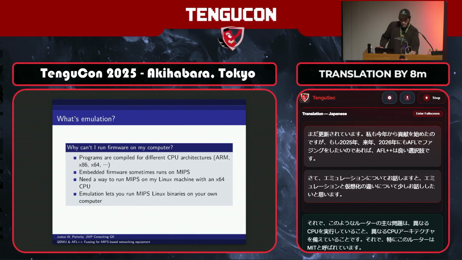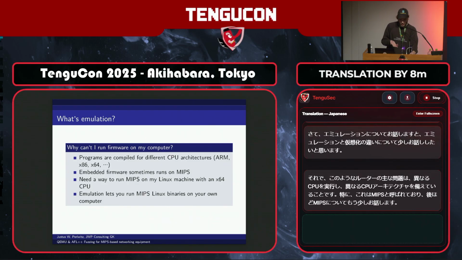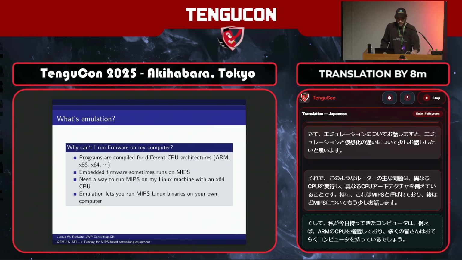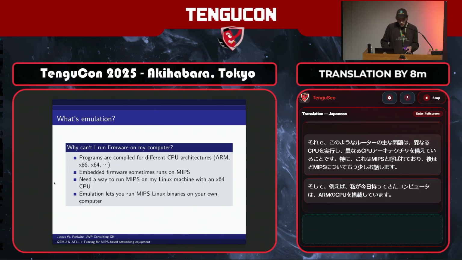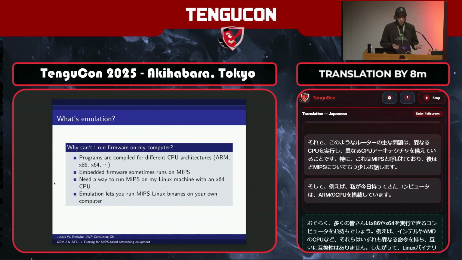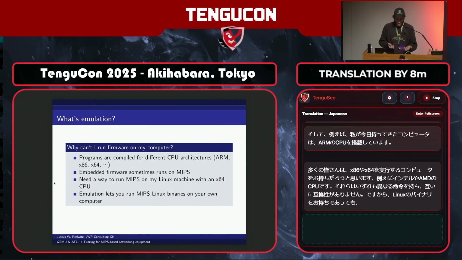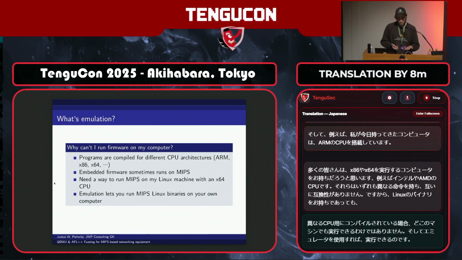And the computer that I brought today, for example, has an ARM CPU, and many of you will probably have a computer that runs x86 or x64, so Intel or AMD, for example, CPU. So they all have different instructions, and they're not compatible with each other. So even if you have a Linux binary, you can't just run it on any machine if they are compiled for different CPUs. And with an emulator, you can do this. So they bridge the gap.